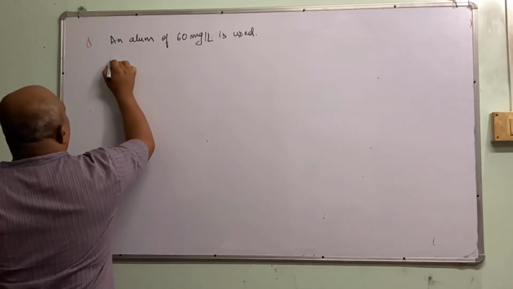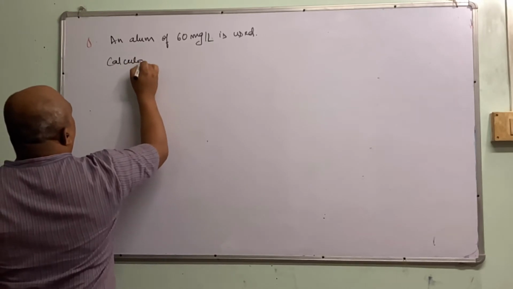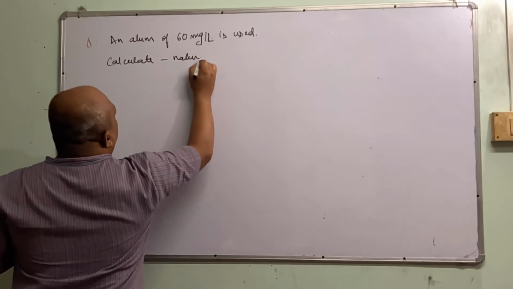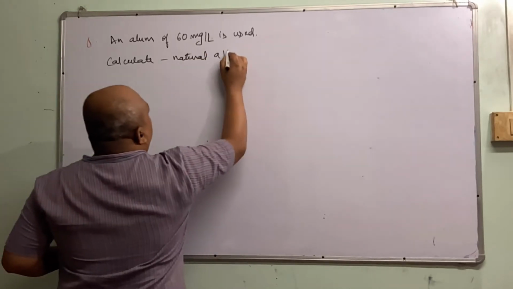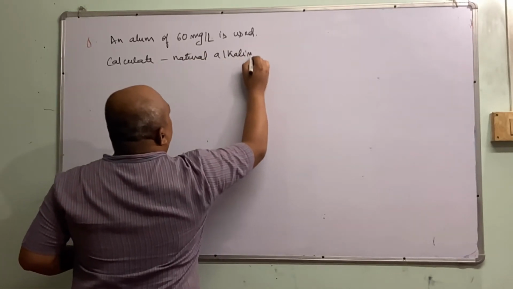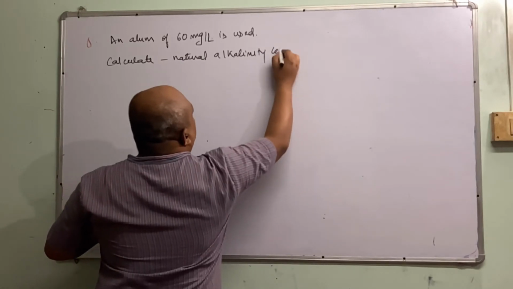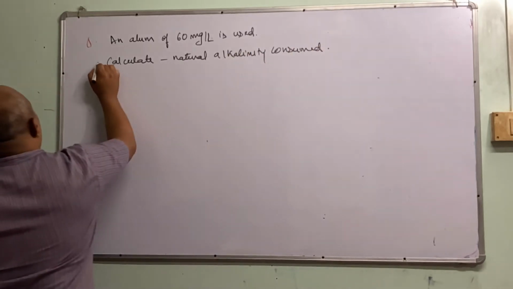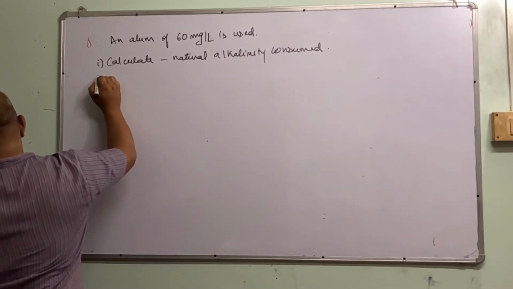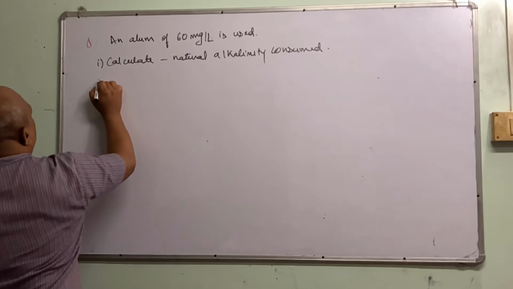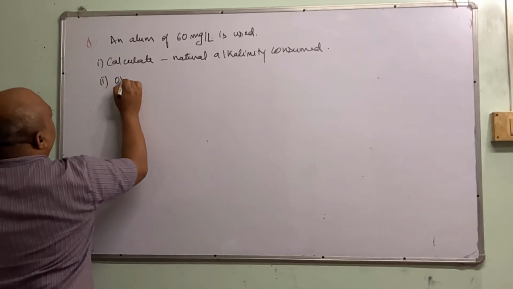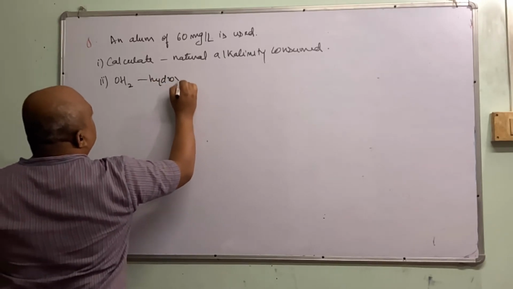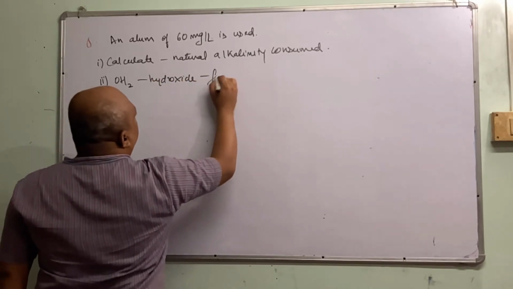Calculate the natural alkalinity consumed in the process. Number two is, how much Al(OH)3 or hydroxide sludge is formed.